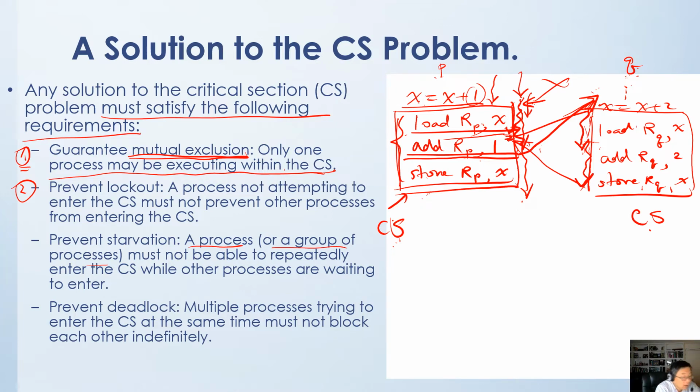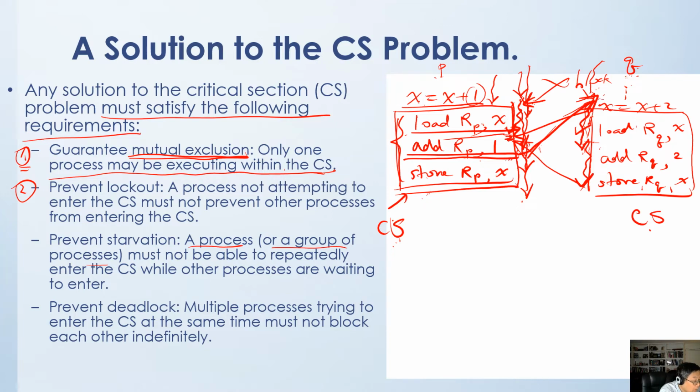When you set up mutual exclusion, starvation may happen. Process P enters the critical section and is running in it. During that time, if we switch to process Q and Q wants to enter the critical section, the operating system has to block it, because P is currently in the critical section.